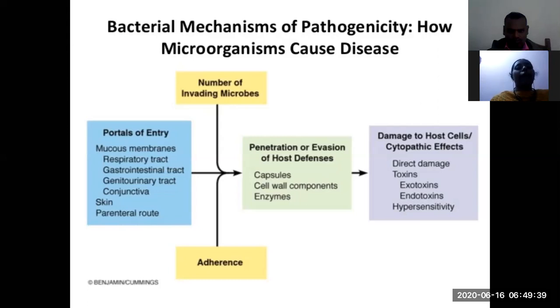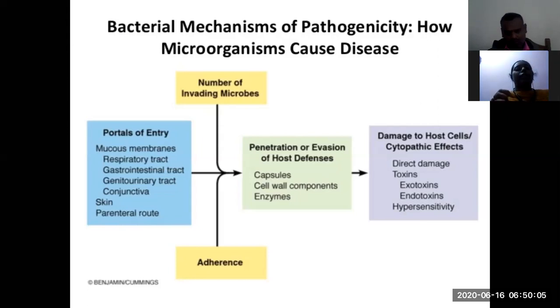How at all is it damaging? By direct damage. Directly, this bacteria goes and binds with the immune cells and starts producing damage to the cells. Number two, by means of toxin production, like exotoxins or endotoxins. Exo means outer side, endo means inner side. Then hypersensitivity.